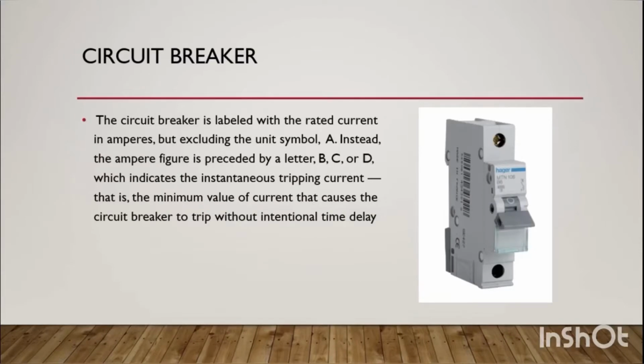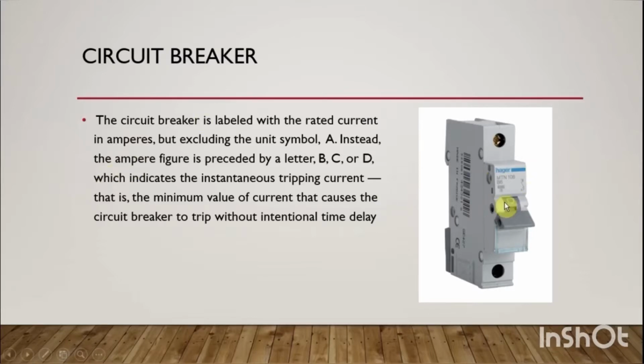The circuit breaker is labeled with the rated current in amperes, but excluding the unit symbol A. Instead, the ampere figure is preceded by a letter B, C, or D, which indicates the instantaneous tripping current. That is, the minimum value of current that causes the circuit breaker to trip without intentional time delay.